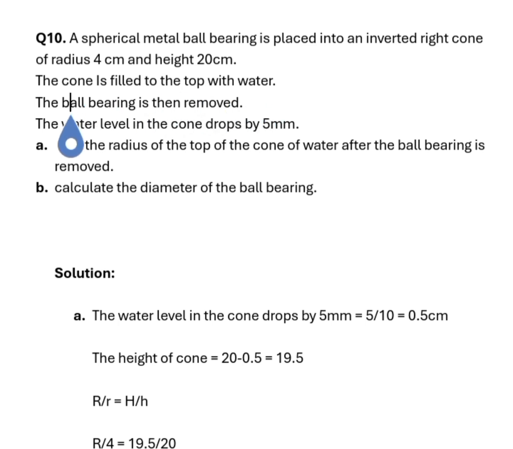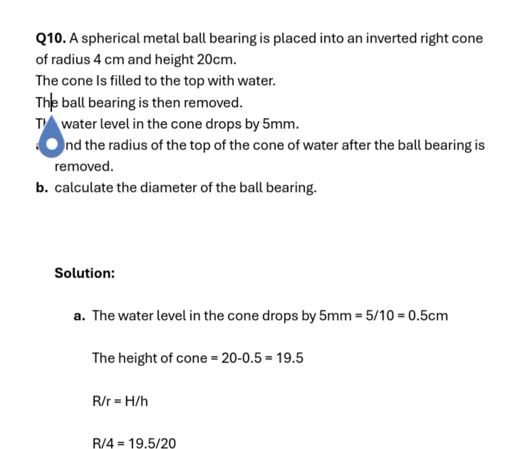The ball bearing is then removed. The water level in the cone drops by 5 millimeter. Part A. Find the radius of the top of the cone of water after the ball bearing is removed. Part B. Calculate the diameter of the ball bearing.